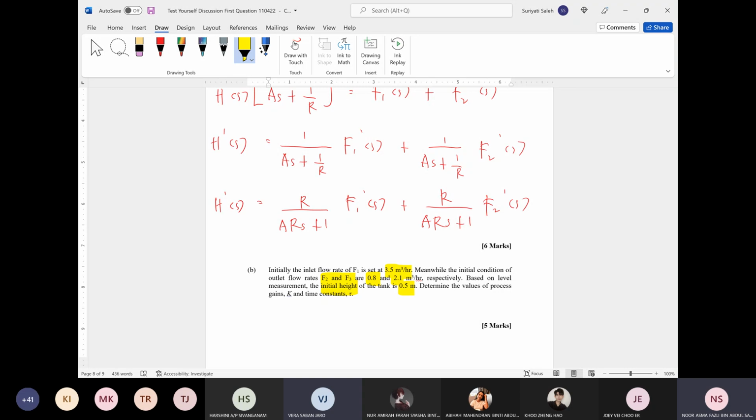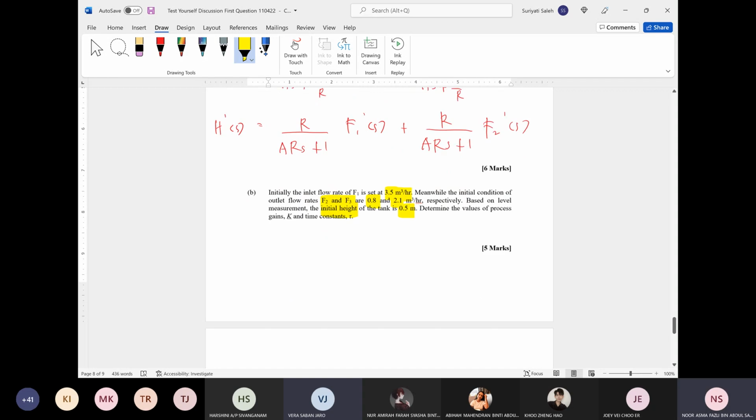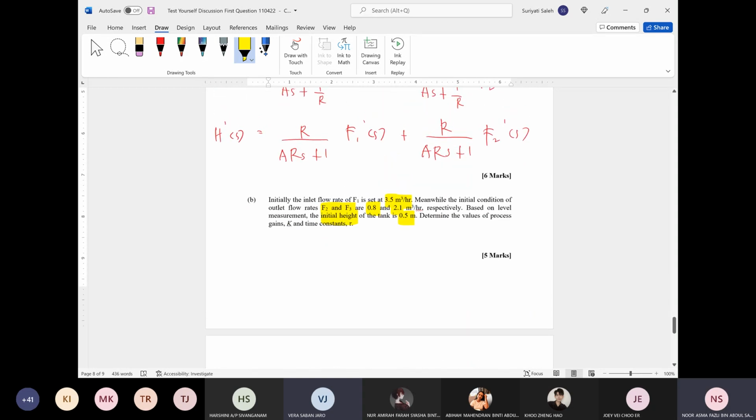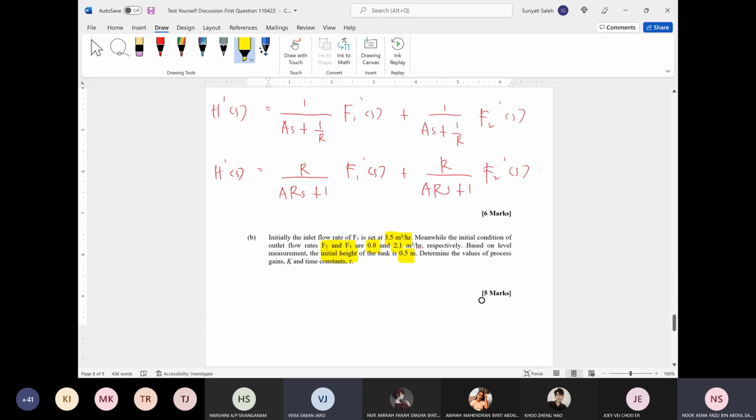So there are two K, although you have a similar K, it's still okay. Based on this, we want to find the K and the tau. Since based on the given information, we have R over ARs plus 1.